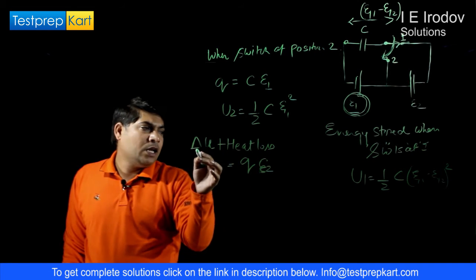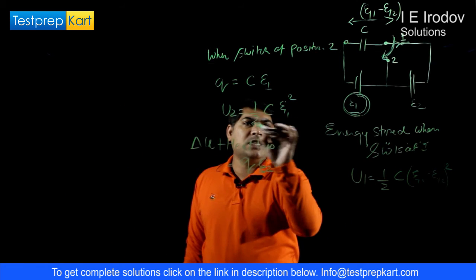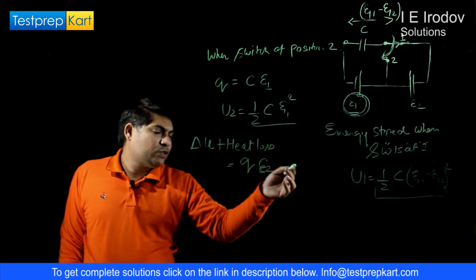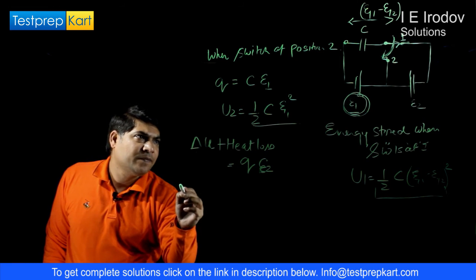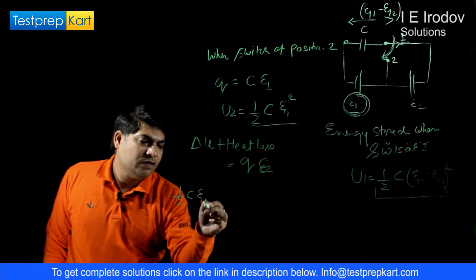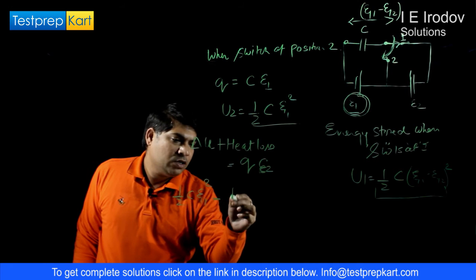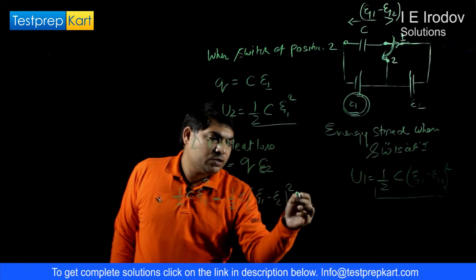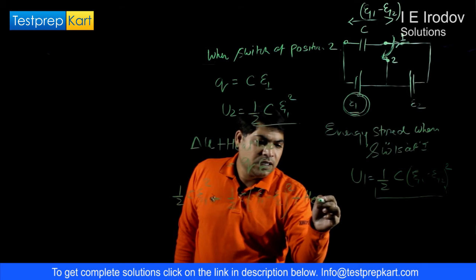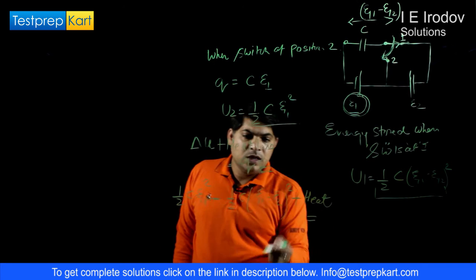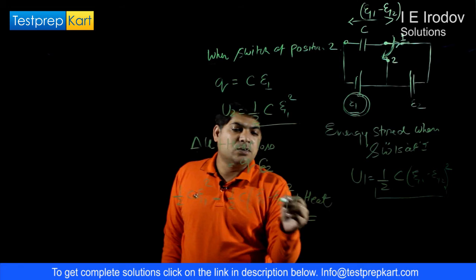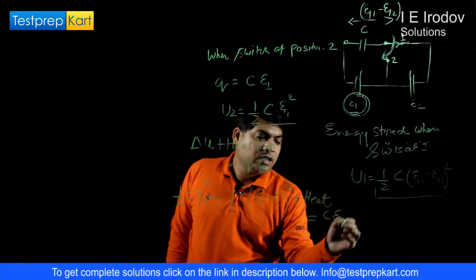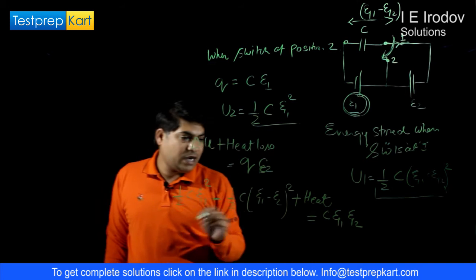Now see, final energy is half C E1 square. Initial energy is half C (E1 minus E2) whole square. So we can write half C E1 square minus half C (E1 minus E2) whole square plus heat lost by this system is equal to Q into E2. So this Q is C into (E1 minus E2), right?